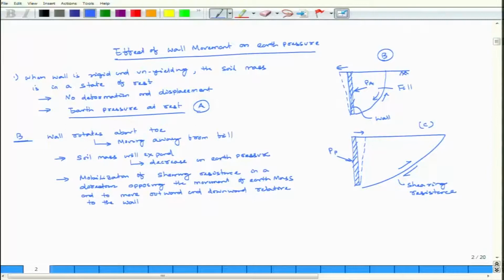So, what will happen? First, the wall rotates about the toe, this is my toe. Because the wall rotates about the toe, it will move away from the fill. So, the soil mass will expand, that means a decrease in earth pressure, mobilization of shear resistance in a direction opposing the movement.